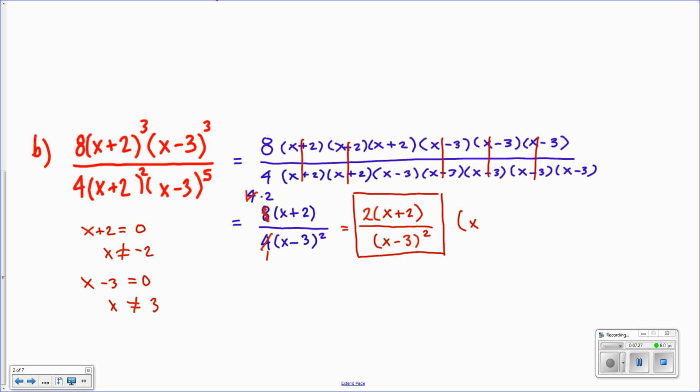So we've got x cannot equal negative 2 or positive 3. Any other values you plug in here should simplify and give you the same thing as if you plugged it in over here. So this is problem 3-91. If you have questions, please make sure you ask your teacher. Otherwise, thanks for watching.